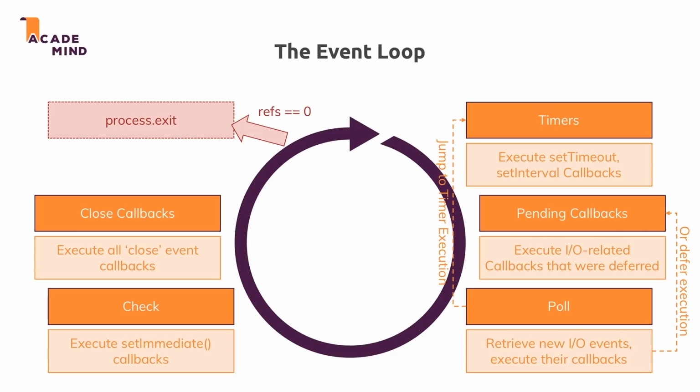And since in a server environment, we create a server with create server and then listen to incoming requests with listen, this is an event which never is finished by default. And therefore, we always have at least one reference. And therefore, we don't exit in a normal Node web server program.